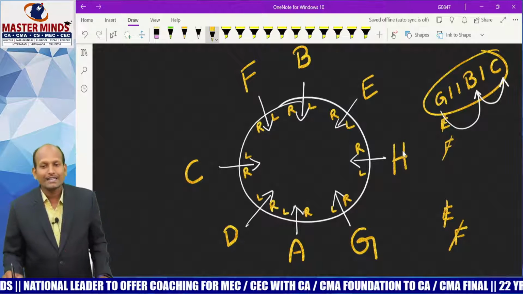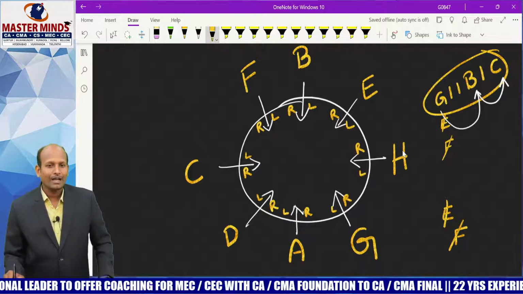Okay. So this is an explanation for this high level circular arrangement.